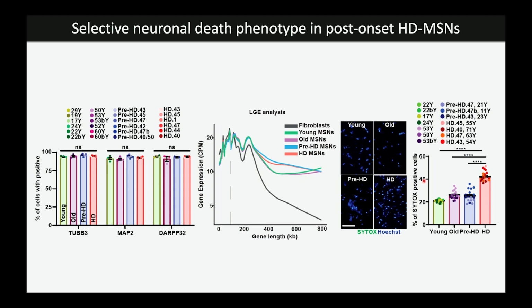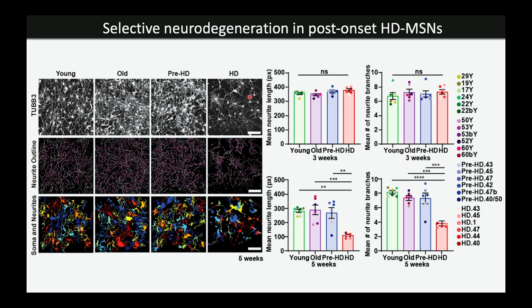But what was striking was that neurodegeneration was specific to neurons generated from post-symptomatic patients. This is one example of a readout of a cytotoxicity screen, which marks the cells undergoing neuronal death. The same thing applies for neurite degeneration.